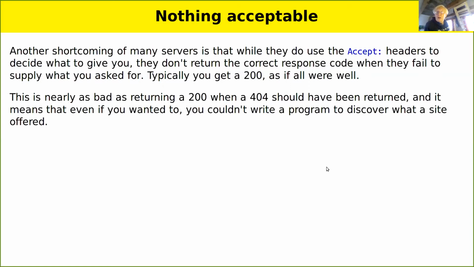When in fact there are response codes that tell you, well, I didn't find anything acceptable, but here, have this anyway. It's not quite as bad as returning a 200 when you should get a 404. But it's close to as bad, because it would be great to be able to write a program that would discover what a site offered in terms of languages and document types.